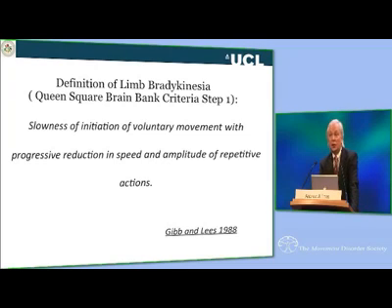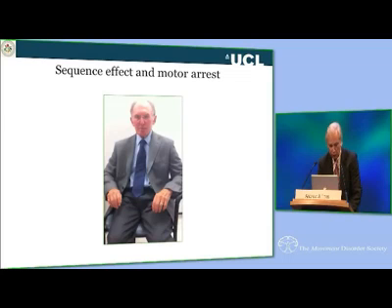And when we made these criteria, I didn't really realize how important it became to emphasize this so-called sequence effect of motor decrement, which really characterizes Parkinson's disease. And I'd like to show you in this first video an example of bradykinesia.